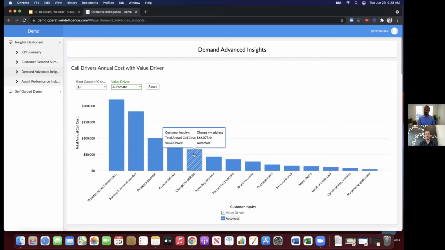Across other industries, whether it's e-commerce and subscription services, we see a lot of change my address, update my shipping, update my delivery date, where's my order. And across industries, insurance, we talked about claims, policy questions, account management, all of those things are opportunities for automation.